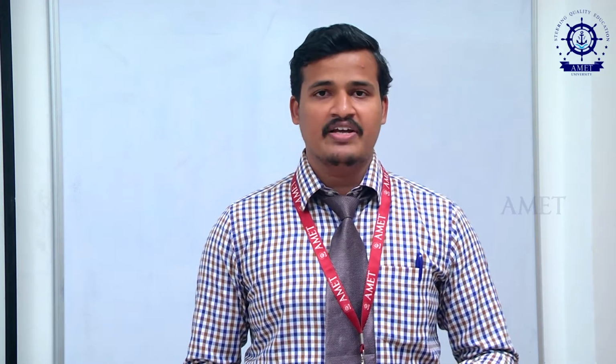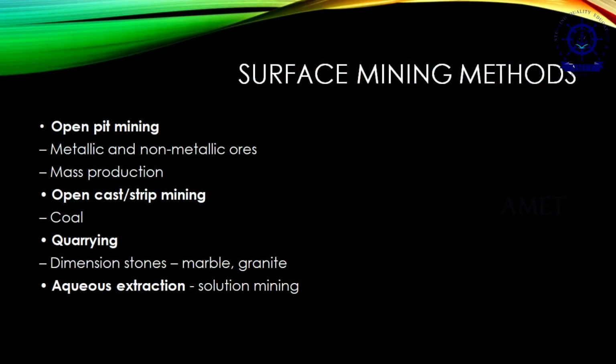Whereas since coal deposits are in tabular form, they will remove the overburden, extract the coal body, and then in the mined out area they will put the waste dump, and they will be simultaneously doing reclamation activity in open cast or strip mining.